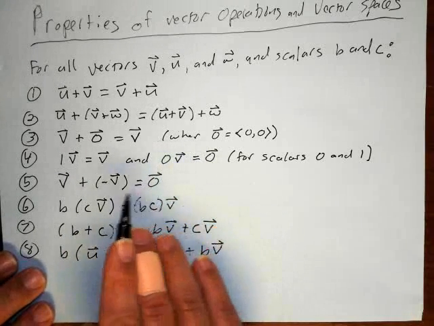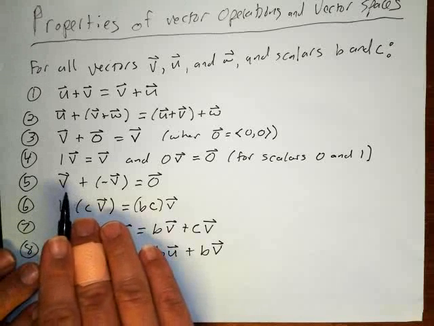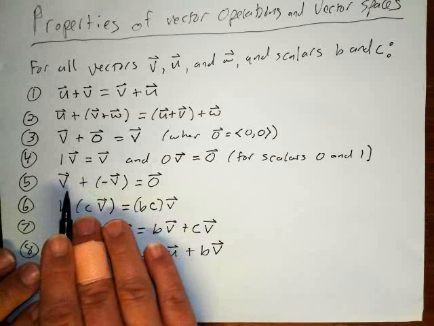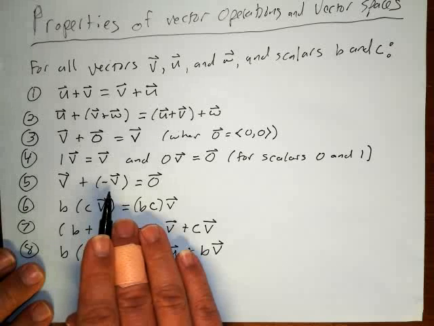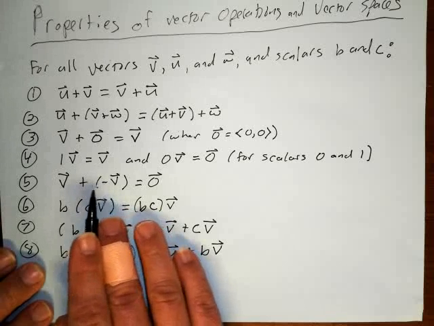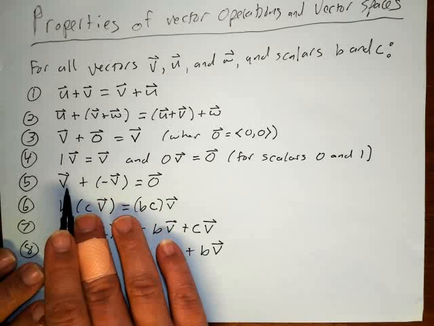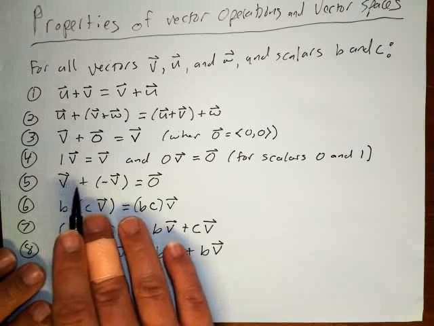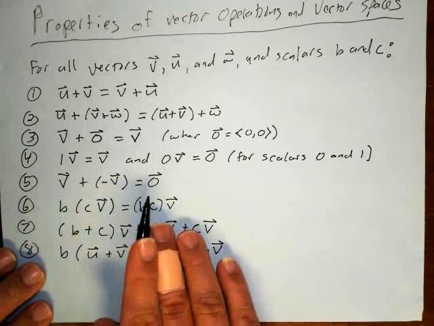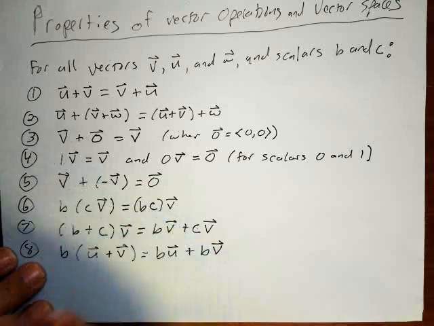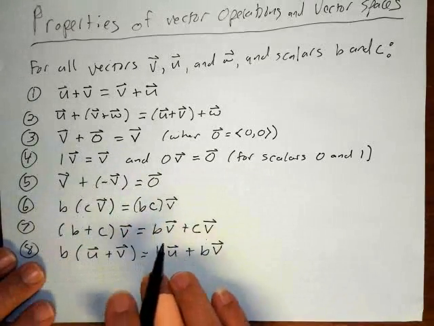And this is saying that for every vector V, there's an opposite of V, where you have the opposite signs for the components. If you add these together, you get the 0 vector. So every vector has an additive inverse.